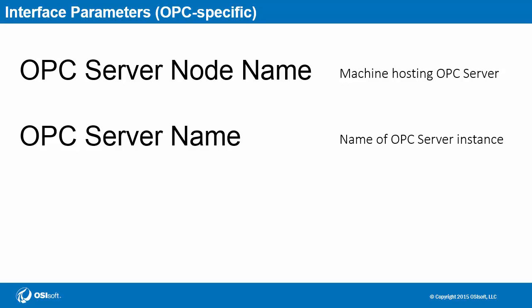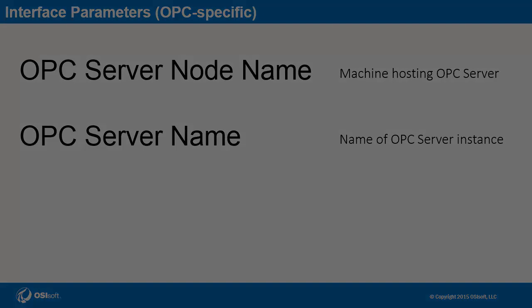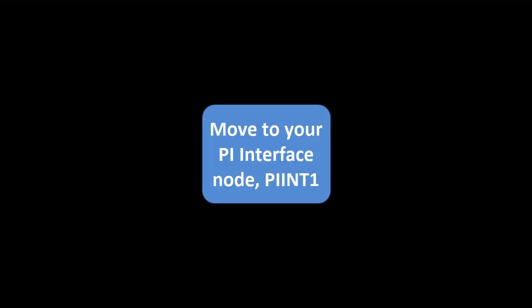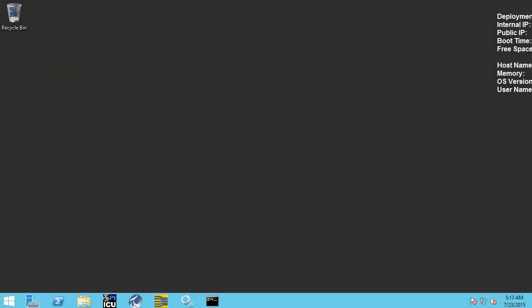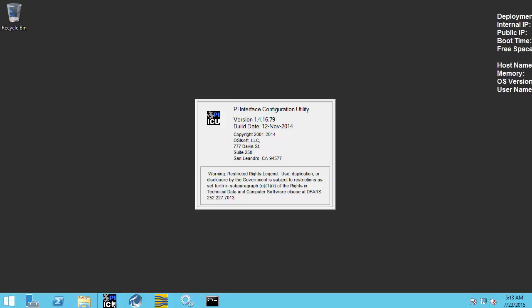Let's jump onto PIINT1 first and copy down some interface parameters which will come in handy when setting up the new interface on PIINT2. Here on PIINT1, open up PIICU.